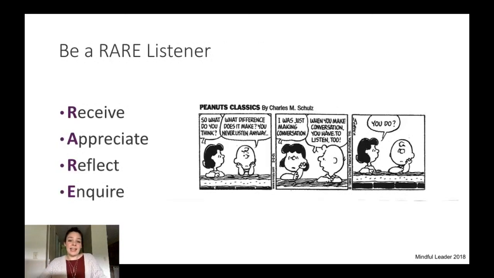We know that listening is also a major part of communication, so a way to easily resolve conflict would be to be a rare listener, receiving the information openly, again, not avoiding the words or the reality of the situation that you are in, appreciating the information for what it's worth, even if it is a challenging conversation, or the person is really giving you a hard time.